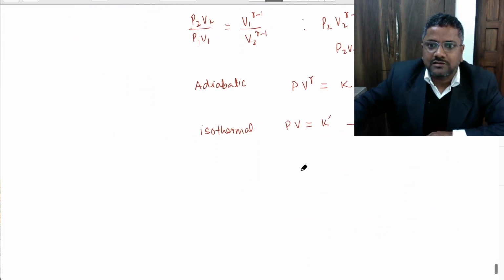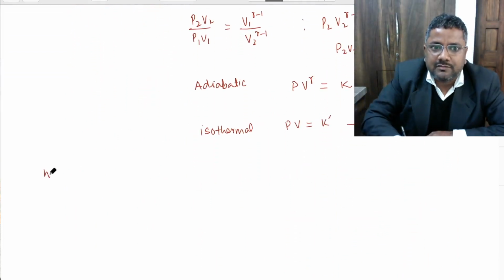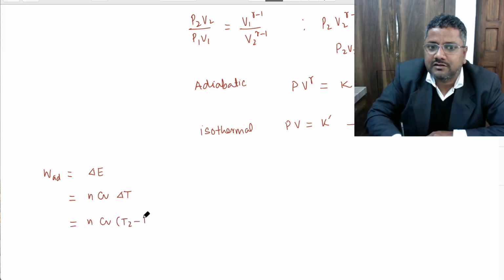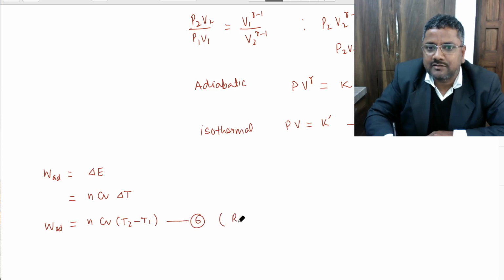Now what is work? Work in the adiabatic process, W adiabatic, is equal to delta E, and delta E is equal to n Cv delta T, or you can write n Cv (T2 minus T1). So this is the work in the reversible adiabatic process, equation 6.